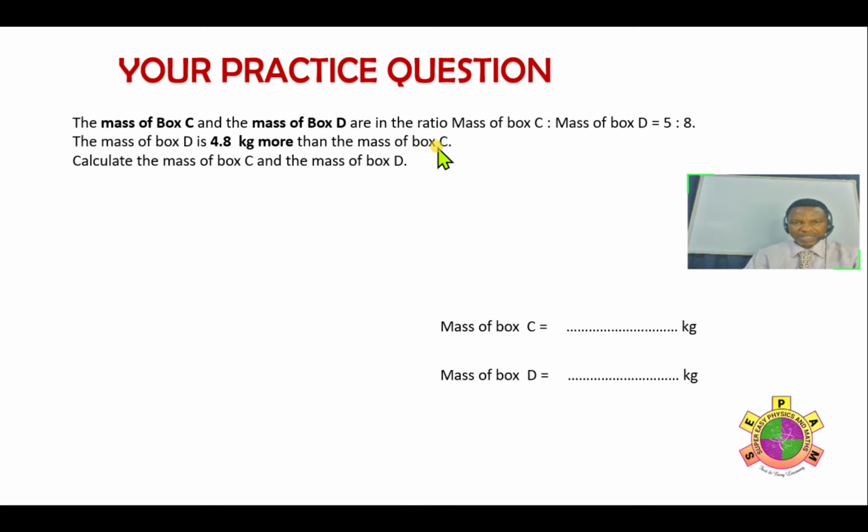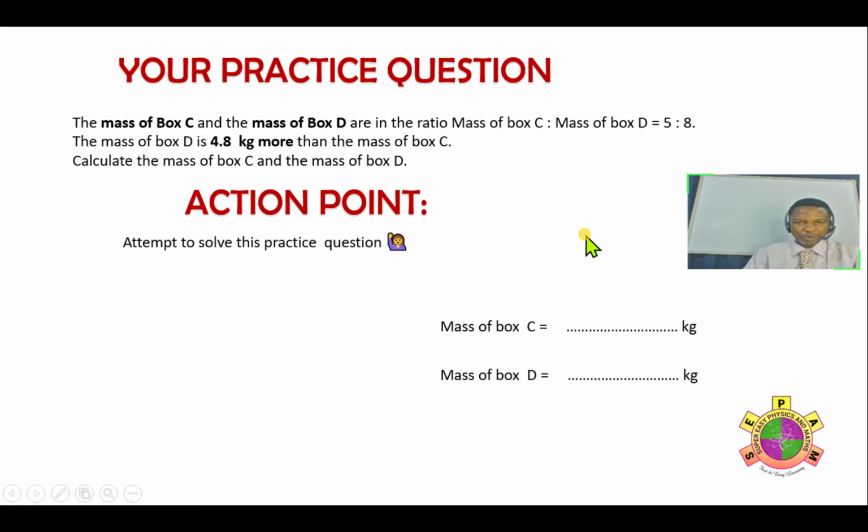If the mass of bus D is 4.8 more than that of C, calculate the mass of bus C and that of D. I want to get a feedback from you. So the action point actually is 2 points. Attempt to solve this practice question, and then in the comment section I want you to give me feedback on whether you are able to solve it or not.